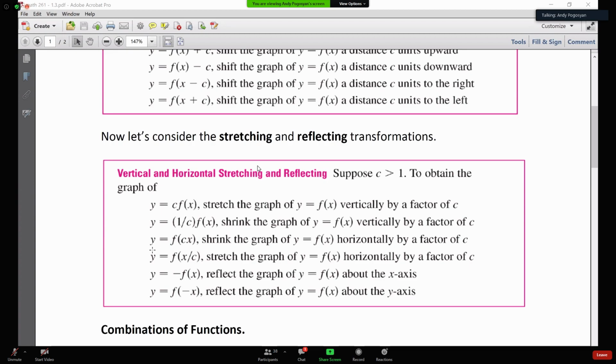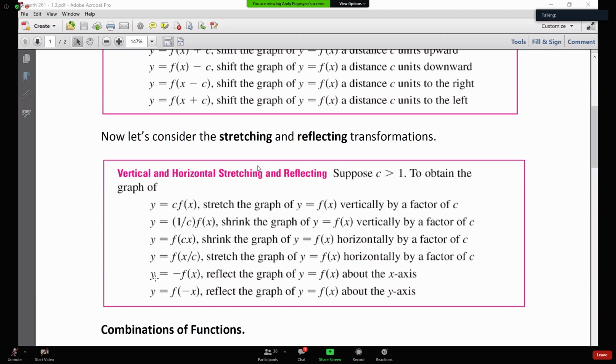Now, if x is replaced by c times x, for the horizontal stretching and shrinking, it works with the reciprocal rule. See, shrink the graph of y equals f of x horizontally by a factor of c. C is greater than 1, remember. And if it's x over c, stretch the graph of y equals f of x horizontally by a factor of c.